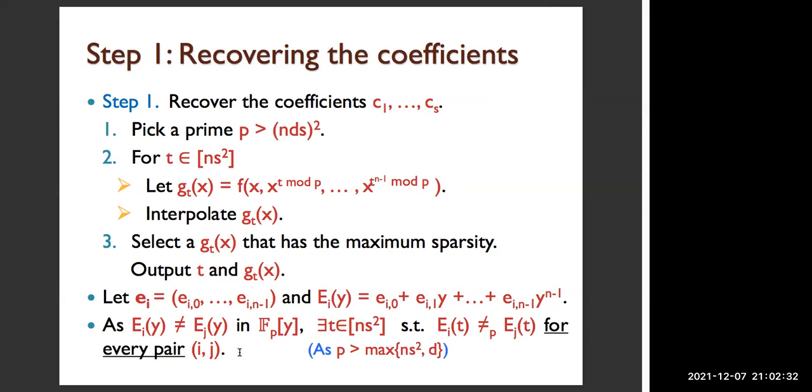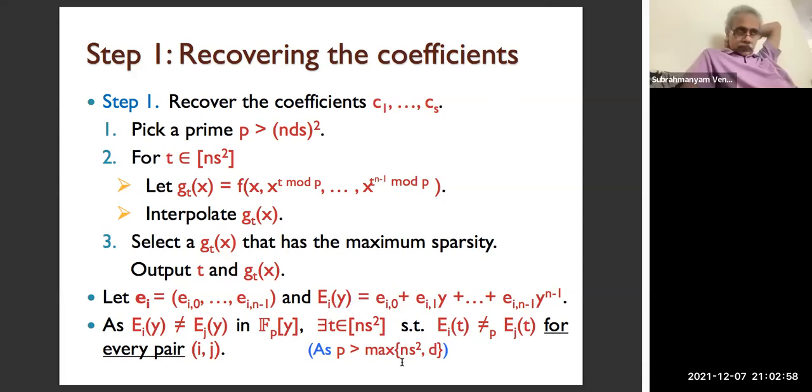So now, how many pairs of such e polynomials are there? If I pick any pair, there are roughly s choose 2, because there are s monomials, so roughly s choose 2 pairs of univariate polynomials e_i.